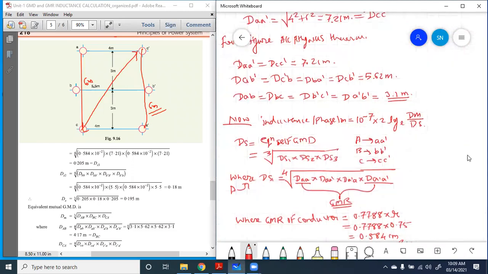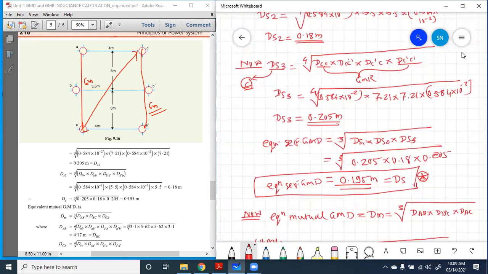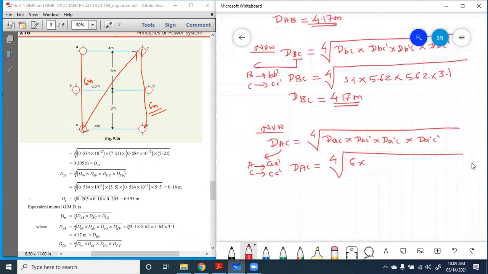Already given, that is 4 meter. Distance A dash C is again 4 meter.